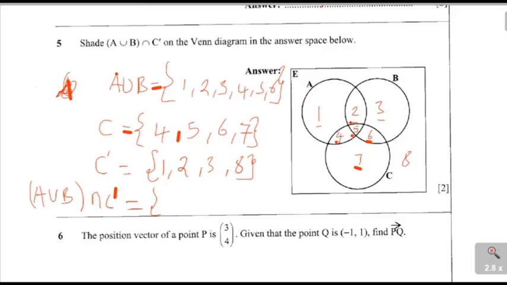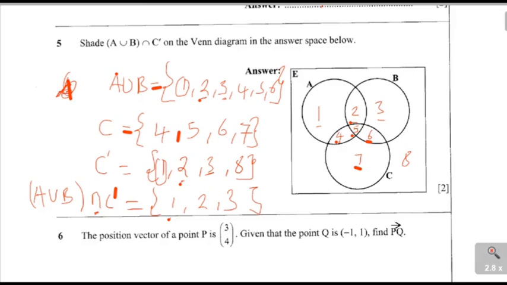Since we are dealing with intersection, what is found in both A union B and C complement? You'll find that here we have 1, even here we have 1, we have 2, even here we have 2, you have 3, even here you have 3. So you write 1, 2, 3. This is your A union B in brackets intersection C complement.